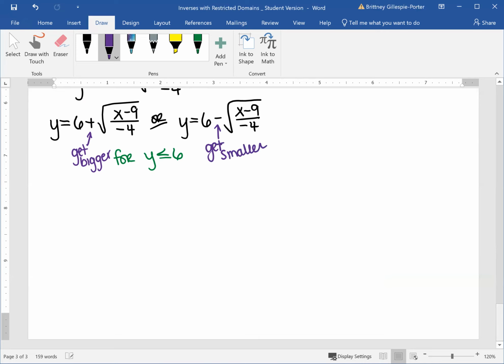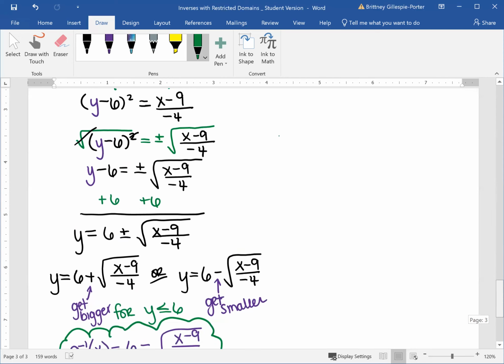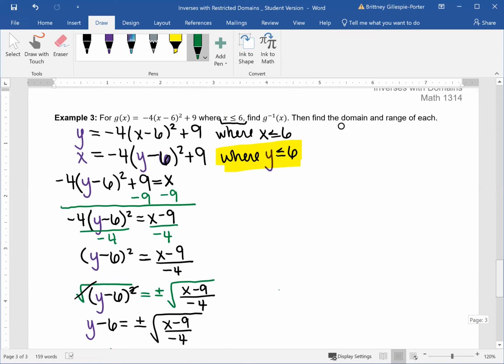And because less than goes with less, we are going to have g inverse of x equal to 6 minus the square root of (x minus 9) all over -4. If we needed bigger, so greater than, we would have chosen the plus. And I used g inverse because our original function was g.